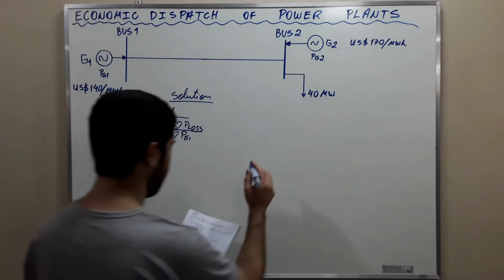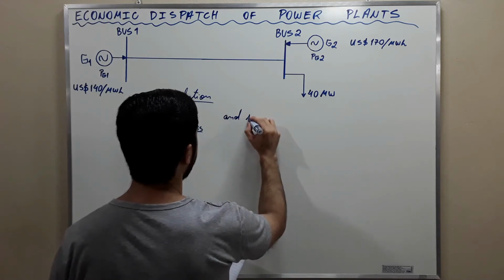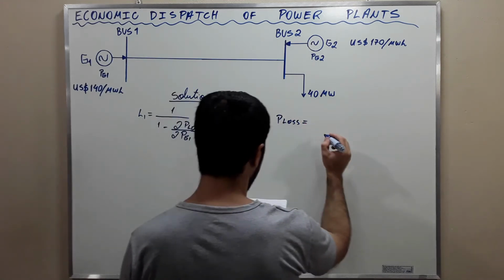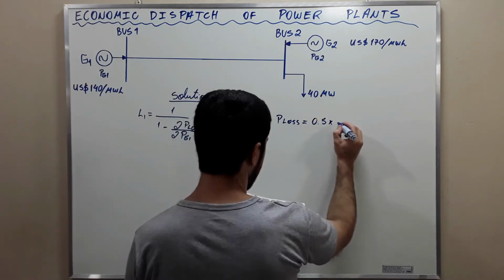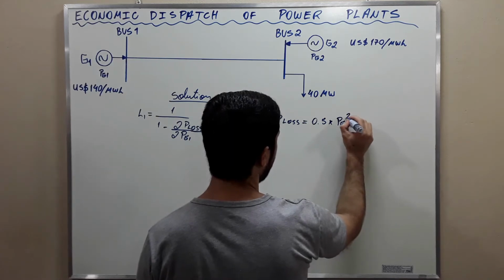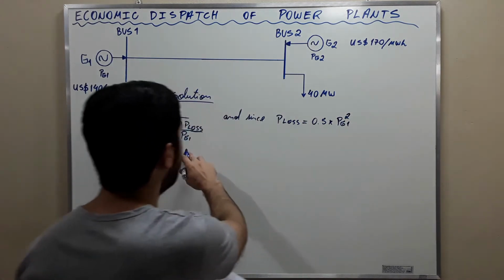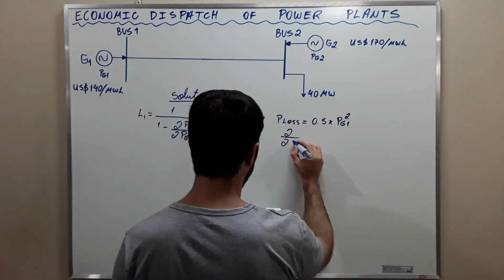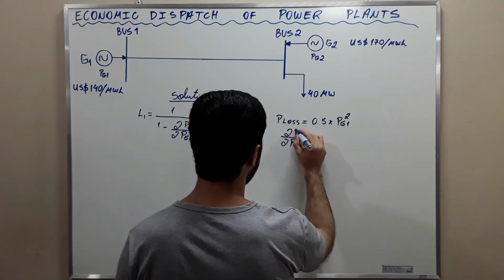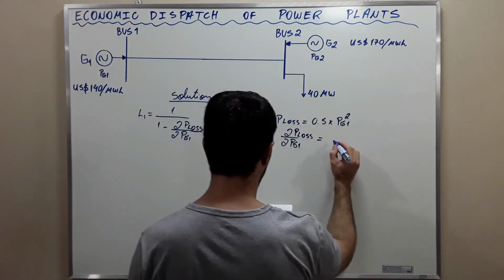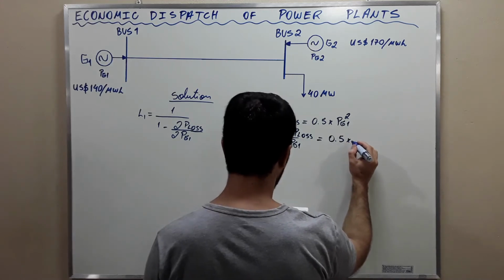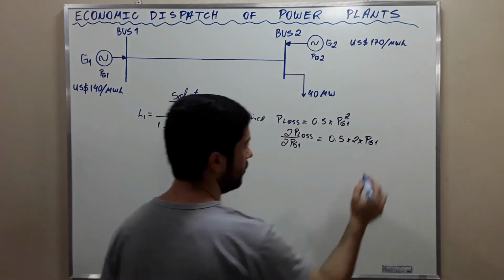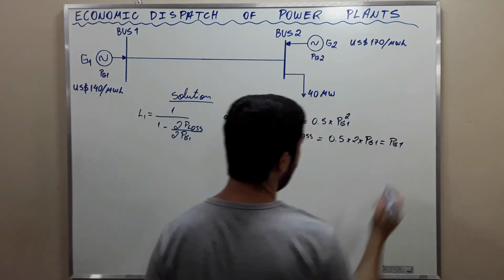And since P loss is equal to 0.5 times PG1 squared, this partial derivative here is going to be 0.5 times 2 times PG1, which is equal to PG1.